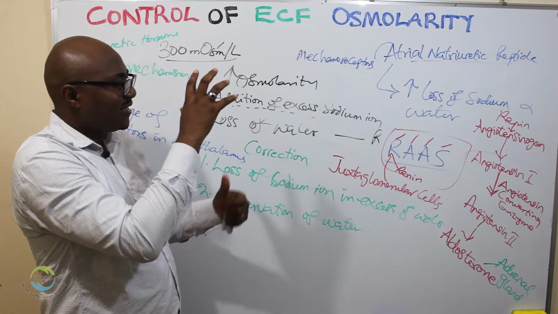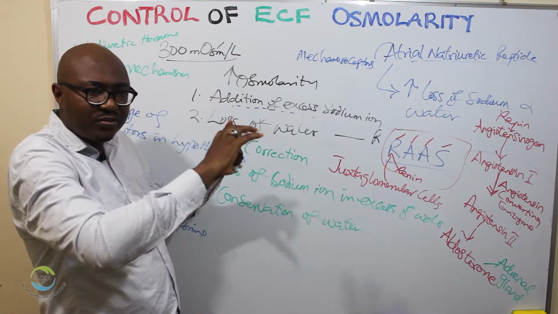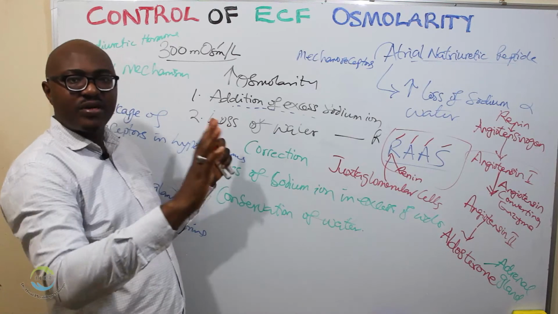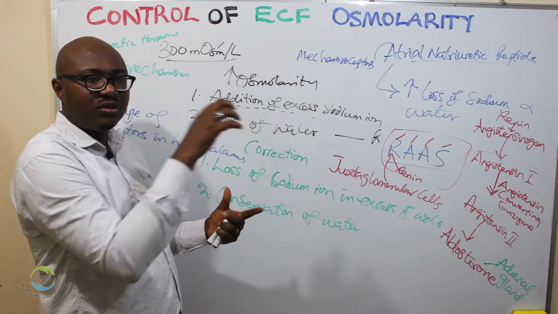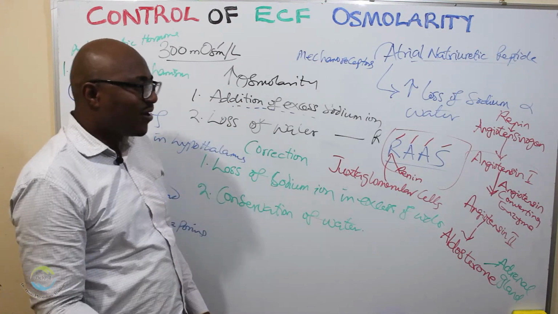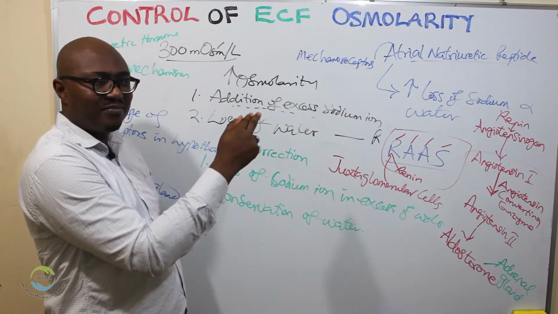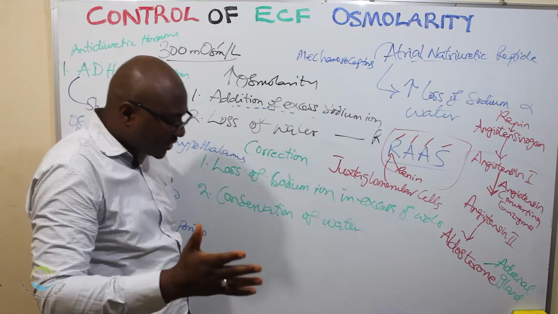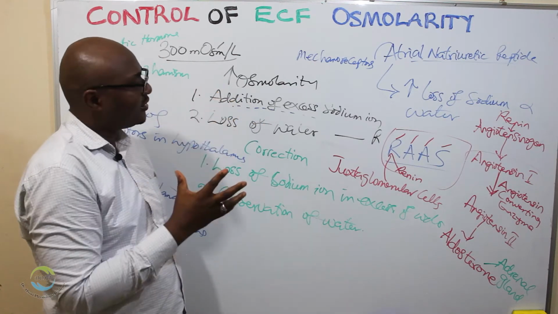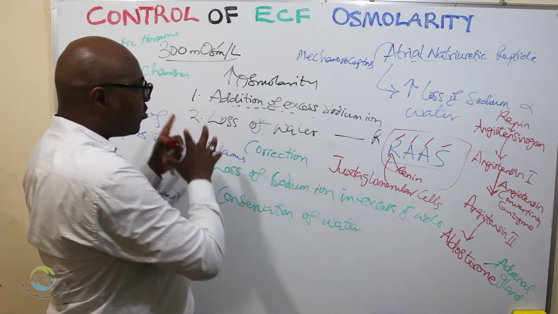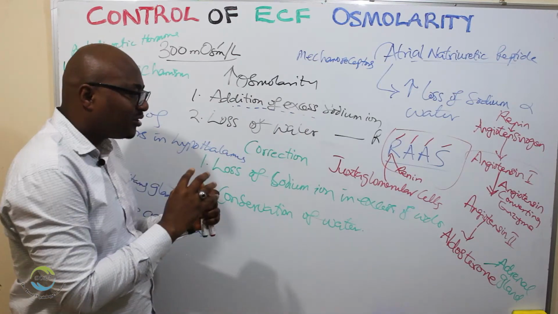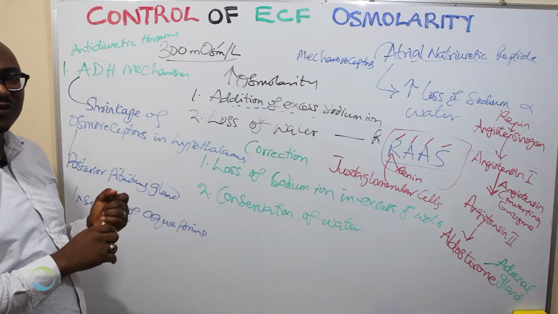Because sodium is reduced, the ECF volume is okay. You just need more sodium alone. But the body now, in trying to conserve sodium, to take more sodium, at the same time takes water with it. So all this put together does not entirely solve the problem.